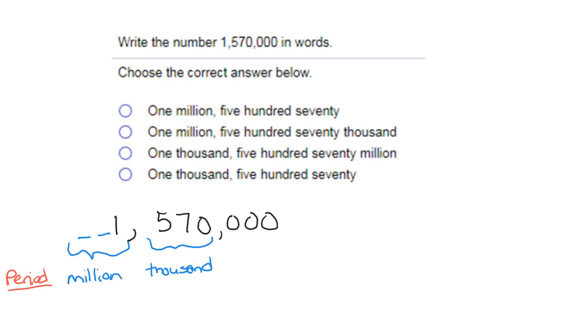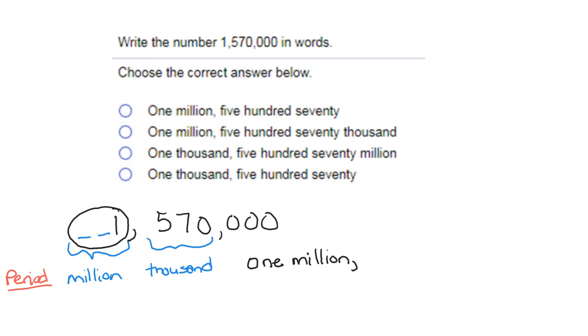The way we would say this number is to start from left to right, say the number in the first 3 positions as normal. This will just be the number 1. And then follow it by the period. So we have 1 followed by the period, million. There's a comma, a hesitation, so place the comma.